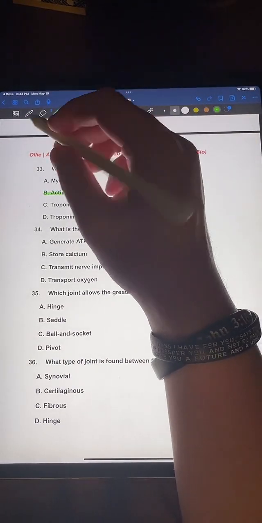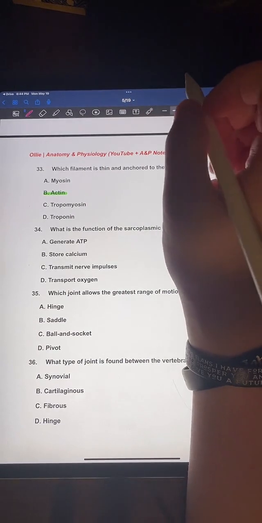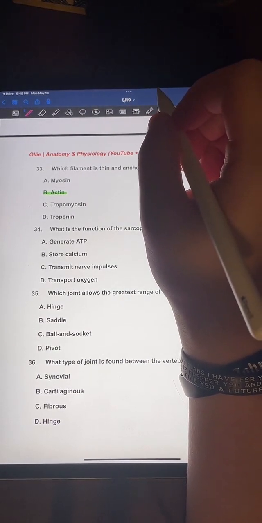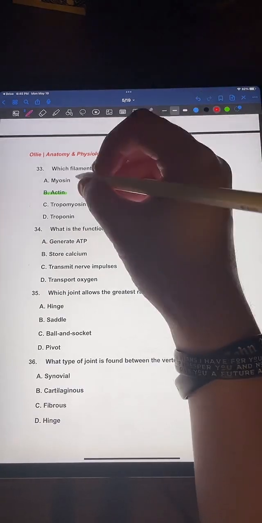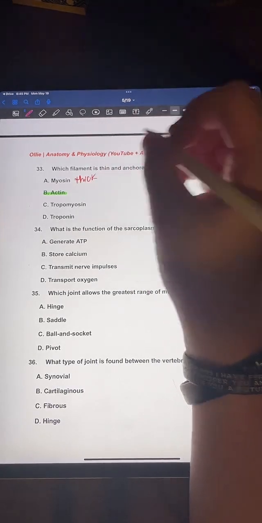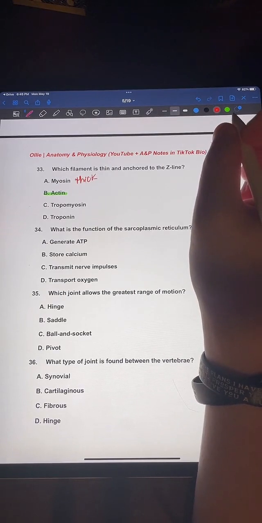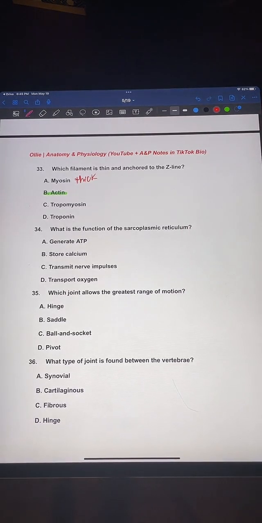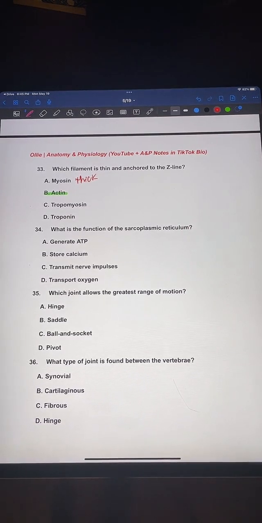The answer is B. It is actin. So actin is our thin filament that attaches to the Z-line, and it slides during contraction. Myosin is the thick filament. Tropomyosin regulates actin. It's not the thing itself. Troponin is what calcium binds to and moves tropomyosin.